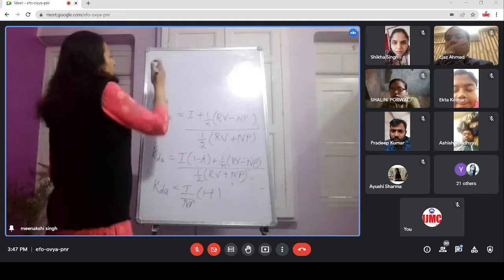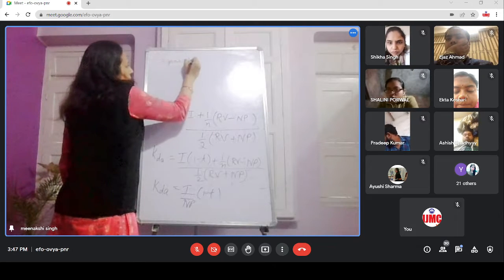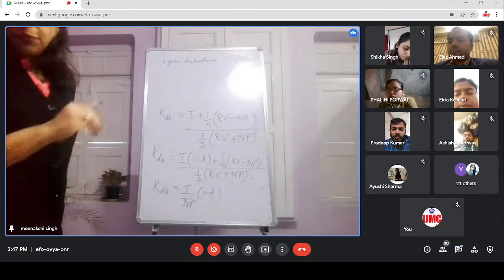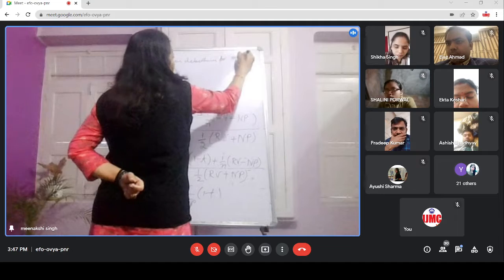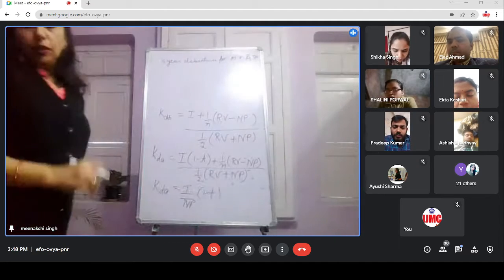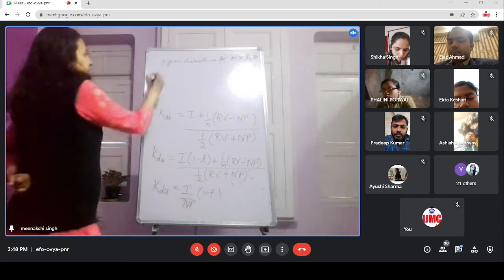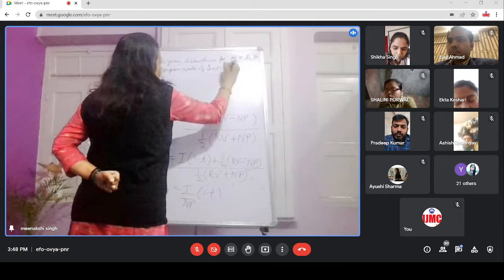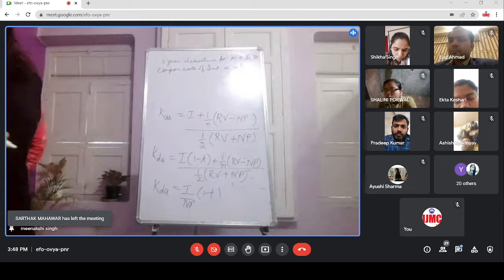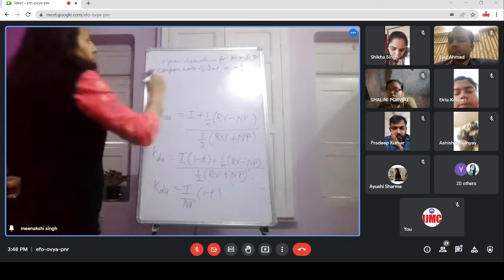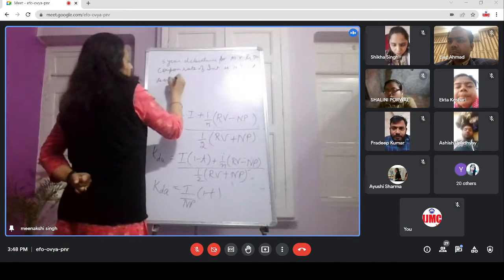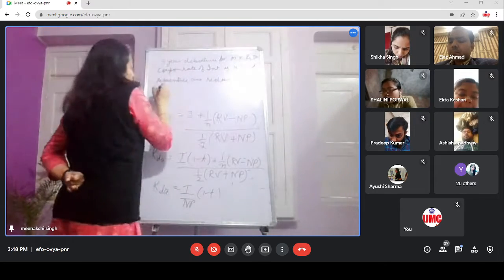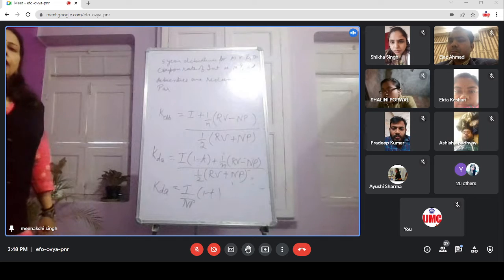A company has issued 5-year debentures for a market value of rupees 50, and the coupon rate of interest is 10%, and the debentures are redeemable at par.